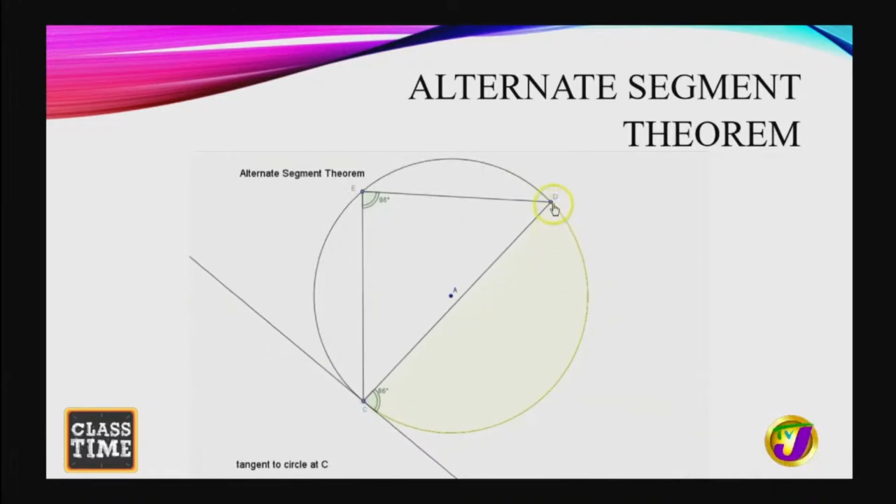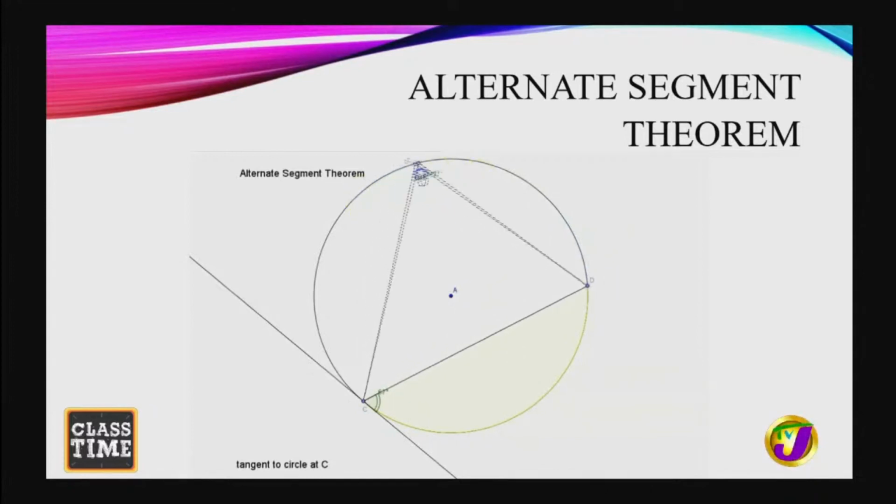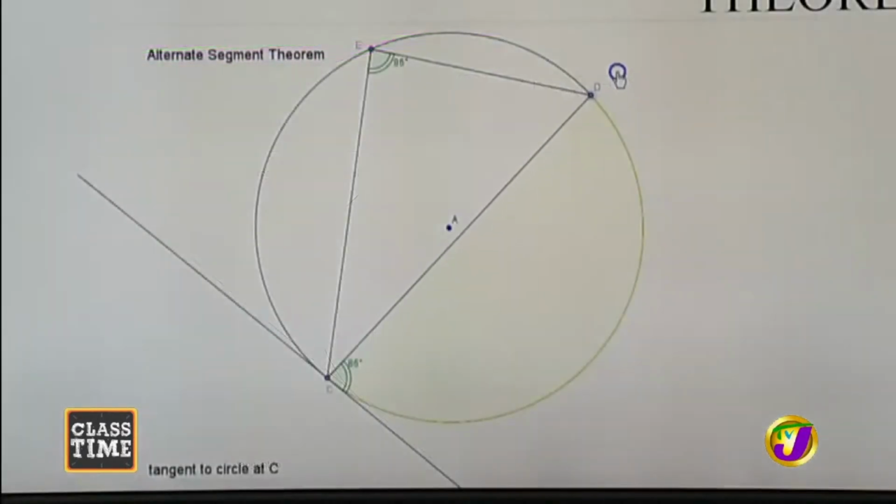It touches the circumference at only one point, right? Yes. And angle C is formed between the tangent and the chord CD. Yes, I'm seeing that. So let's see what you can pick up.